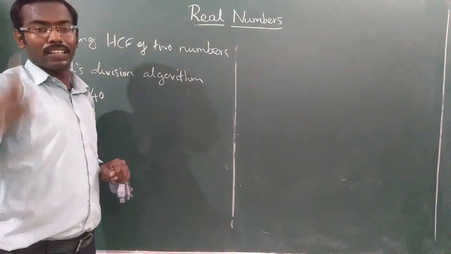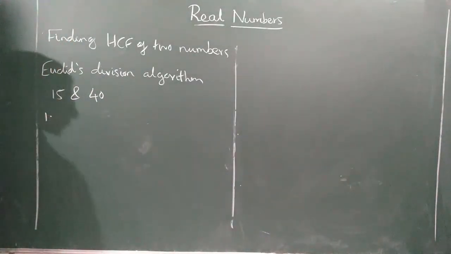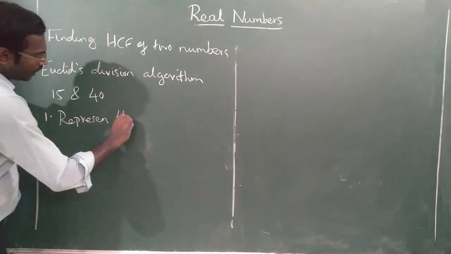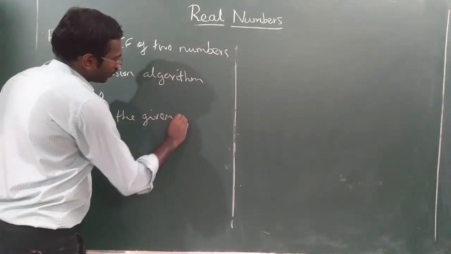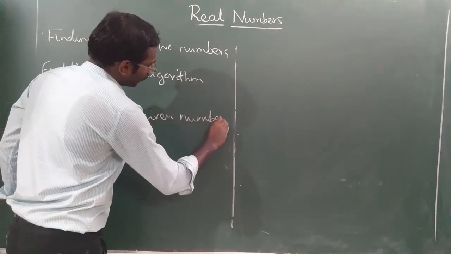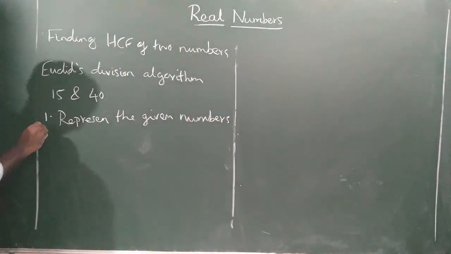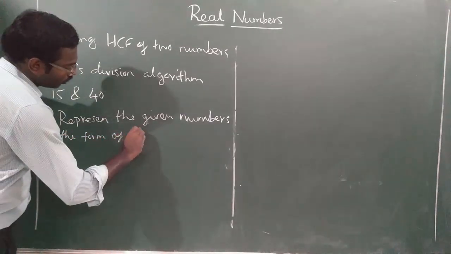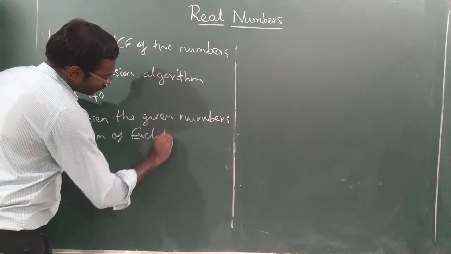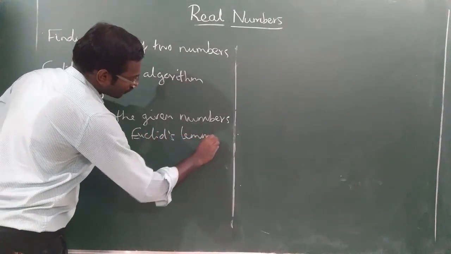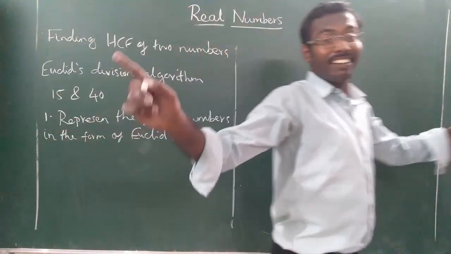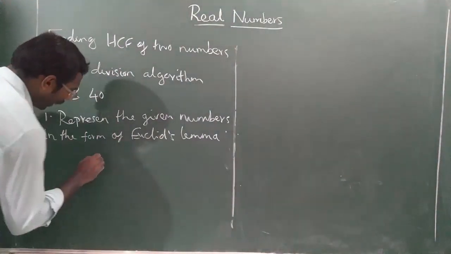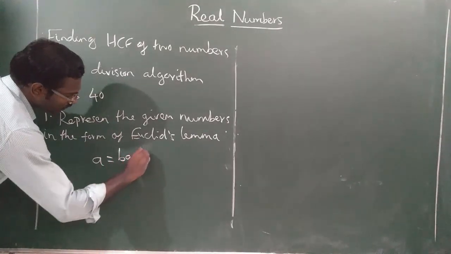The first step is to represent the given numbers in the form of Euclid's lemma. You have to represent the given numbers in the form of Euclid's lemma. Euclid's lemma is A is equal to BQ plus R.